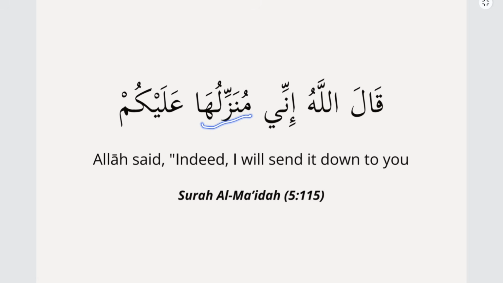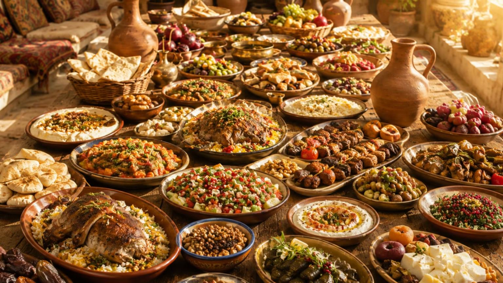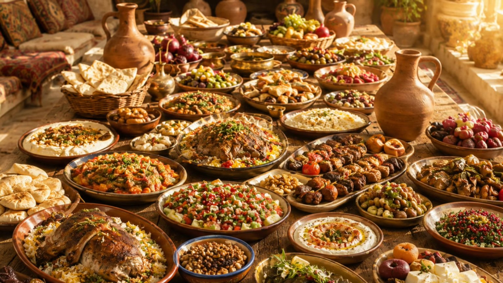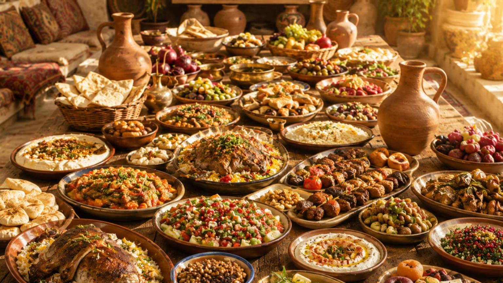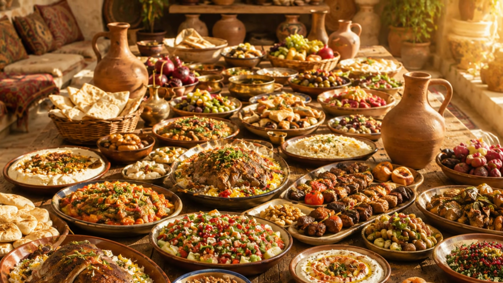This word was used in Surah Al-Ma'idah when Allah said, قال الله إني منزلها عليكم. Here منزلها means sending it down. It was talking about Al-Ma'idah, or the dining table, that the followers of Isa asked him to make Allah send it. So Allah sent it down to them.